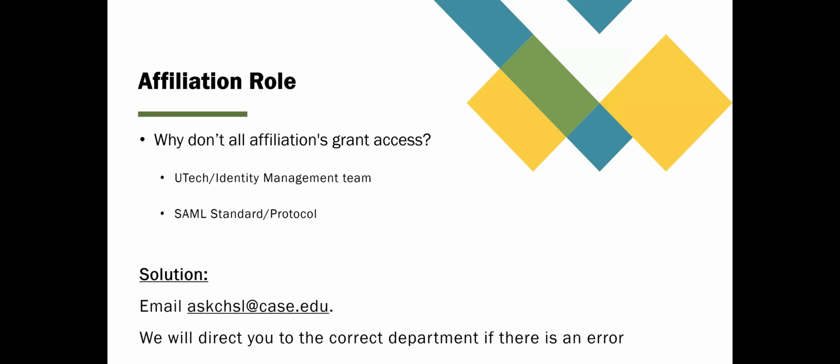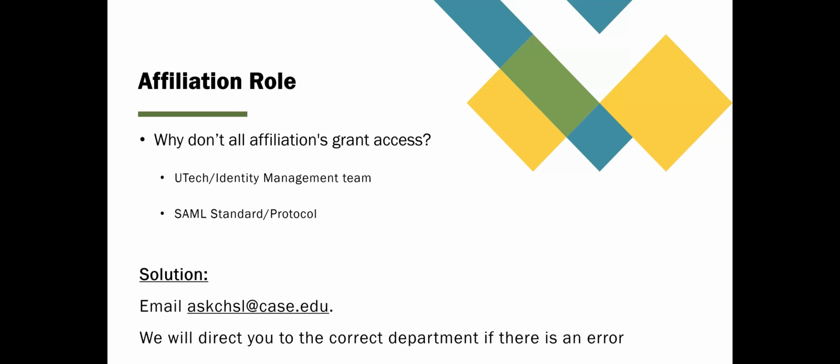It isn't always clear if the affiliation role is granted access or not, if it's due to the limitations of the SAML standard, or if this was a local decision made by UTech. Regardless, this is the current setup, and UTech ultimately determines which affiliations are allowed to grant access through OpenAthens.